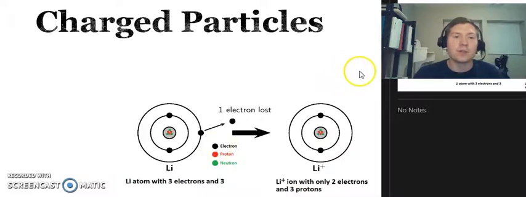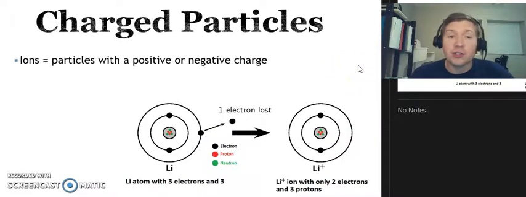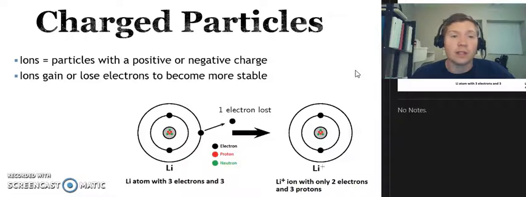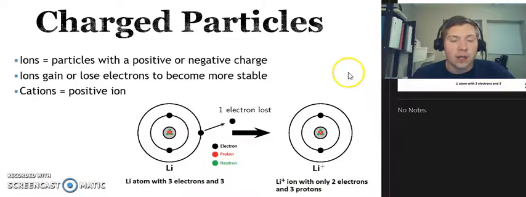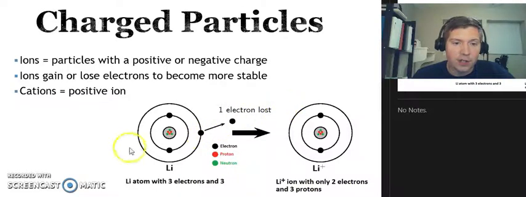Alright, the last thing for today, talking about charged particles, you may hear the term ion. That is just an atom with a positive or negative charge, meaning it's gained or lost an electron. So if an atom loses an electron, like here, lithium loses an electron, right? So now it has 3 protons and only 2 electrons.